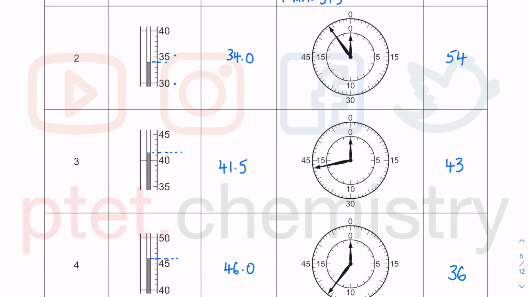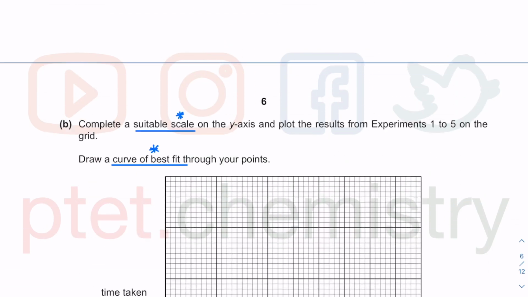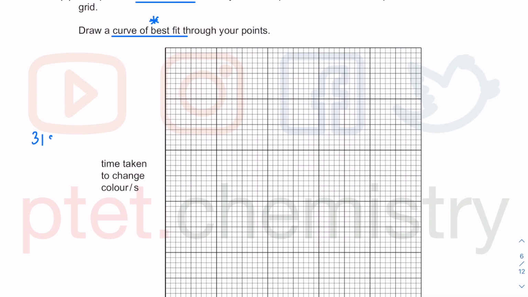In terms of the time, the highest is 91, the lowest is 31, so 31 seconds to 91 seconds. You need to have regular intervals. Let me think about this. If I started with 2, 4, 6, 8, 10, so that will be 20, 40, 60, that would be okay as well, 80 and 100.